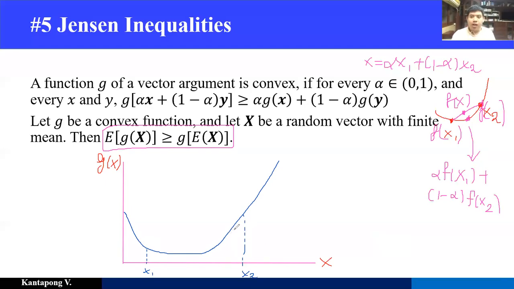If you assign the probability distribution, then the expectation is going to be something along this line. Suppose that there are two points, X1, X2. So this one, suppose that it's E of X.